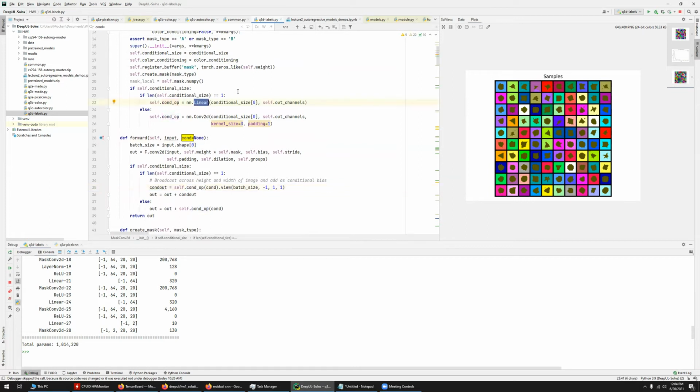So that's where the linear comes from. What it does is take a vector of 4 and turn it into 64 values. And it's in every layer, so this condition has to be added to every layer or every CNN. So we'll take that, make it size 64, and this is broadcast over each and every pixel here.